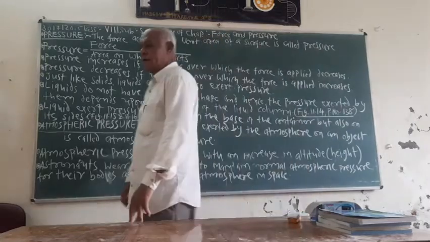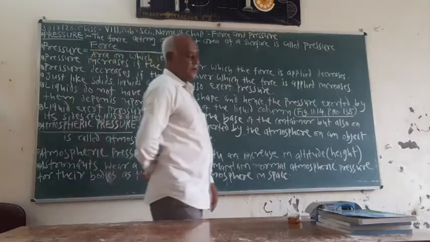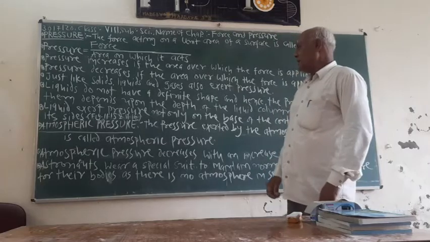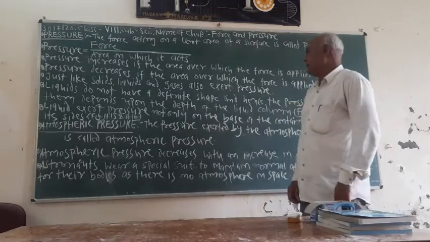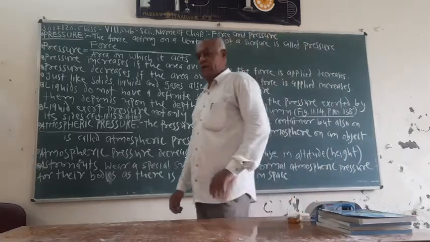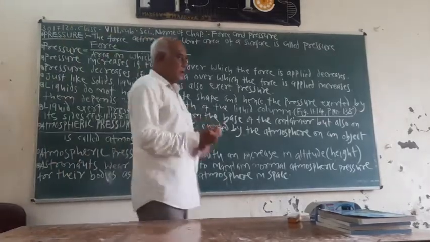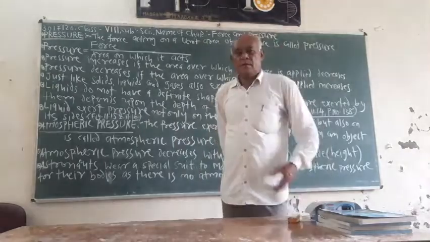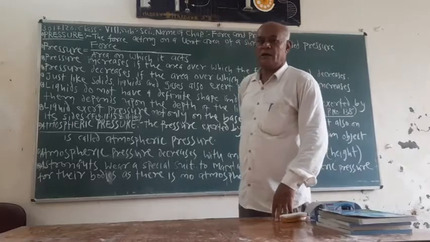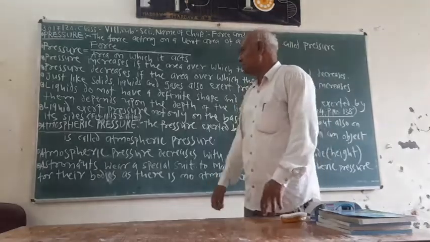Just like solids, liquids and gases also exert a pressure. Liquids do not have a definite shape. We know that a liquid has no definite shape. Its shape depends on the container in which the liquid is stored.